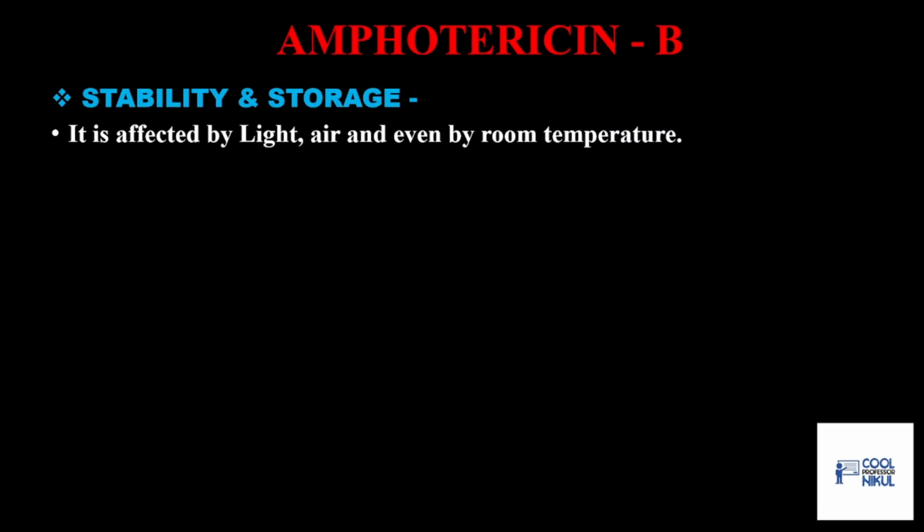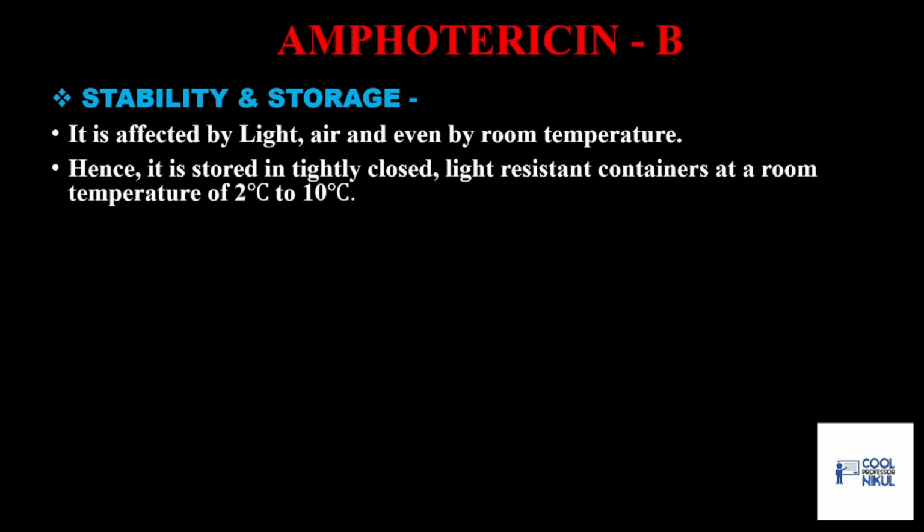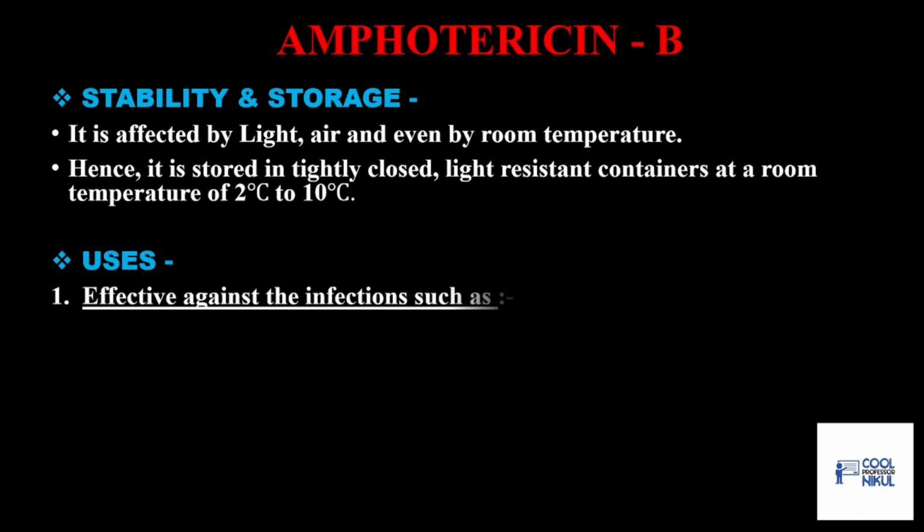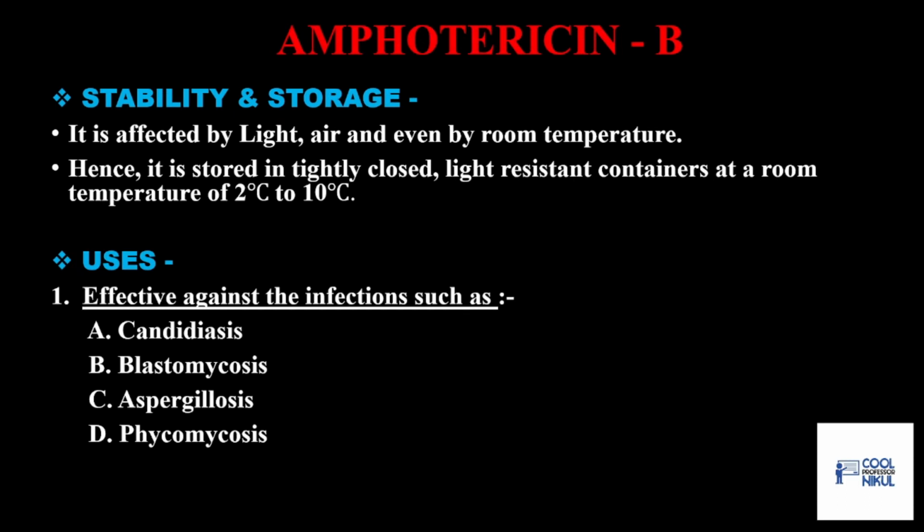Let's go one by one. First is amphotericin B. Its stability and storage: it is affected by light, air, and even by room temperature, so it is stored in tightly closed, light resistant containers at 2 to 10 degrees Celsius. It is effective against infections such as candidiasis, blastomycosis, aspergillosis, and phycomycosis.